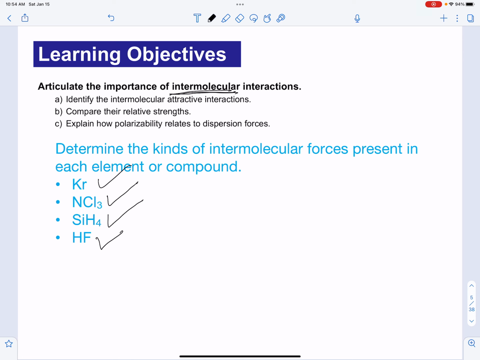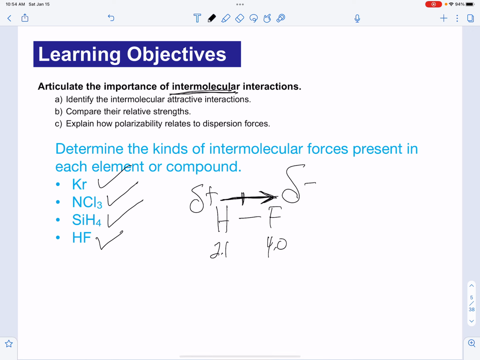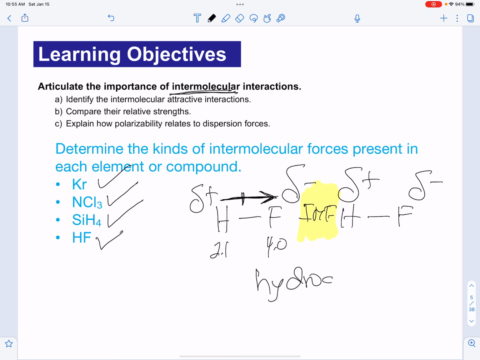We know that's going to be hydrogen bonding because you have HF with 4.0 and 2.1. The bond is a super polar bond, which is going to make this like that. And if you have another one like this, you have two super dipoles. So the intermolecular force here is going to be hydrogen bonding.